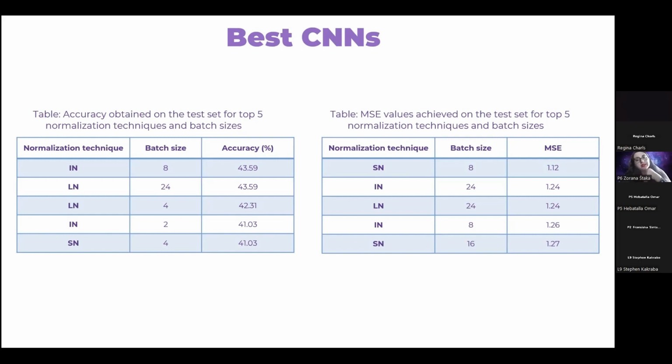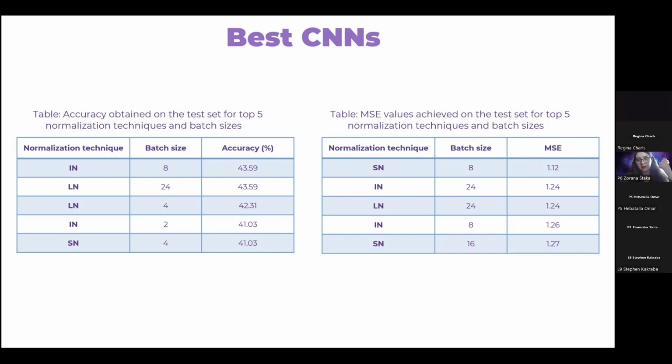And on the right side, we can see the top 5 combinations of normalization techniques and batch sizes when we look at the mean squared error. We can also see that mean squared error is below 1.3 for all of these 5.